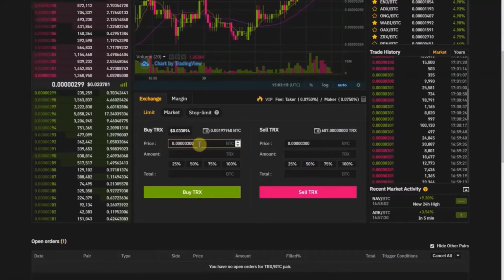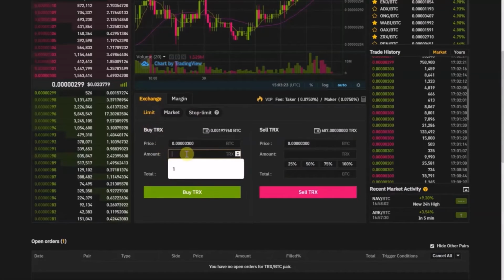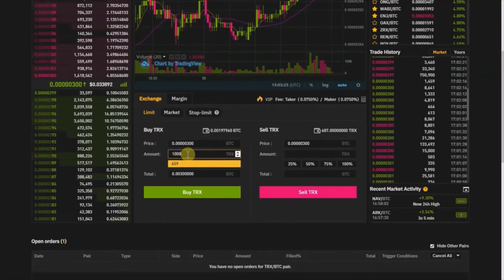This is the price at which you want to buy and how many TRX you want to buy. I don't have enough BTC to buy 1000 TRX, but you can also use the percentages. So let's say I wanted to buy with 100% of all my BTC holdings, which are here. You just click 100% and you buy at 300.